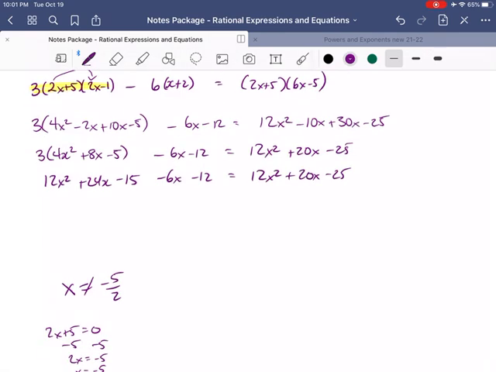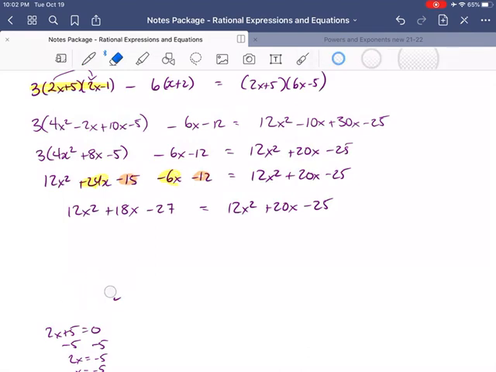So we got to collect some like terms now. So 24x and negative 6x will give us 18x, and then the negative 15 and negative 12 will be negative 27. Okay, so let's do some solving here.